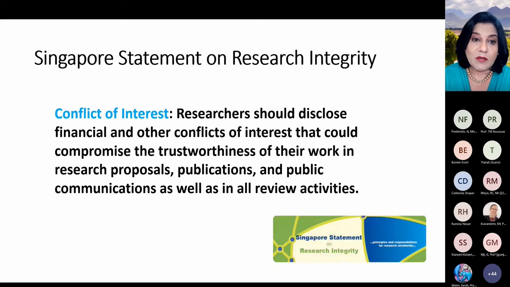Now, we all know that when we conduct research, we need to be compliant in terms of certain ethical rules, but also that research integrity is critical to the process.